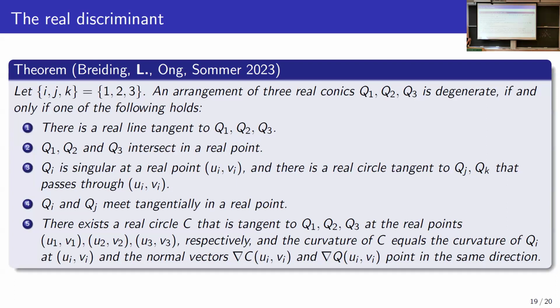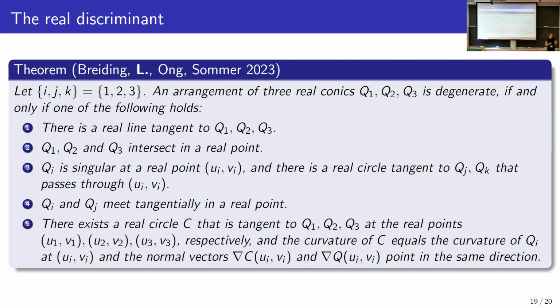I say that an arrangement of 3 real conics is degenerate if and only if one of the following happens. The first one is that there's a real line tangent to my 3 conics, so I can maybe draw these out. Think of something like this, where I have a line like this, and then here's conic 1, here's conic 2, and here's conic 3. So that's situation 1: a real line is tangent to all 3 conics.